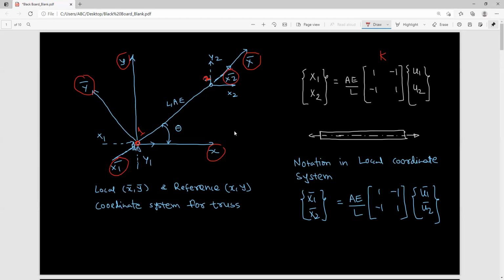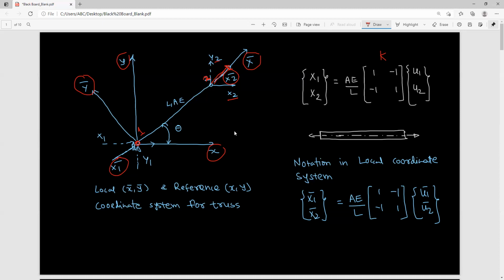These are the forces in the local coordinate system. When you resolve these forces into the reference coordinate system, depending on the orientation, each will have two components, that is x2 and y2, because this force is resolved in the global reference coordinate system into two components.